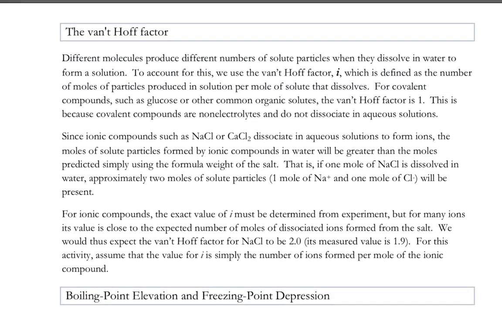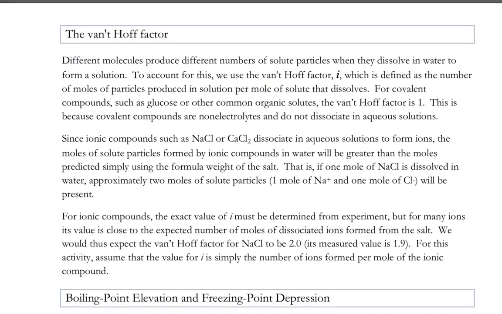The Van't Hoff factor, that's symbolized a small case i, and it is the number of moles of particles produced in solution per mole of solute that dissolves. So it has to do with how many moles you start with versus how many moles those break into. If we're dissolving sugar in water or glucose in water, those don't break up into more particles than we begin with.